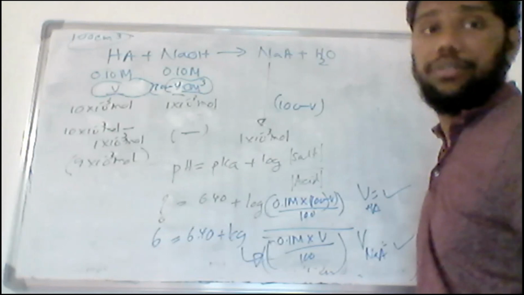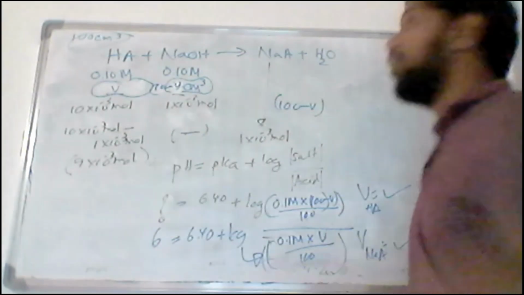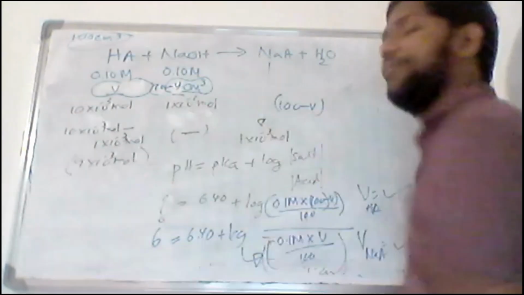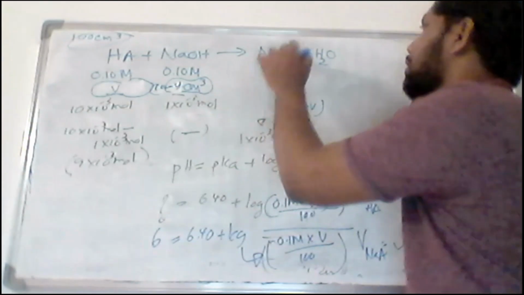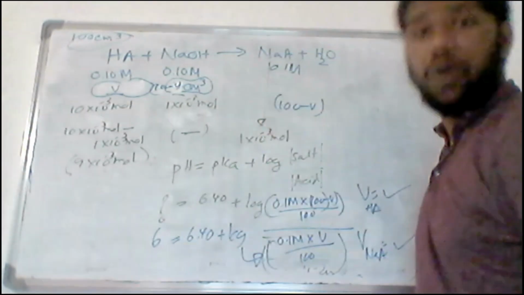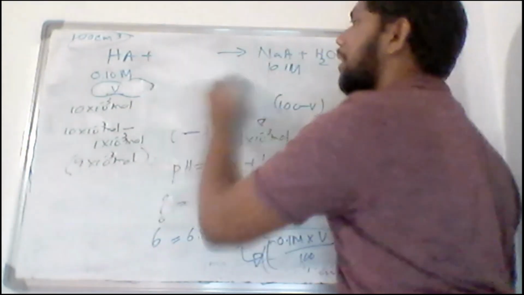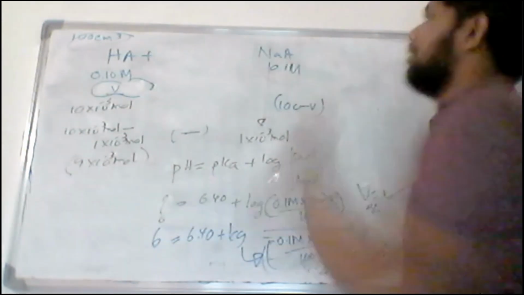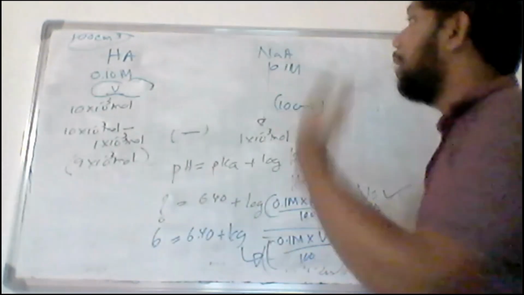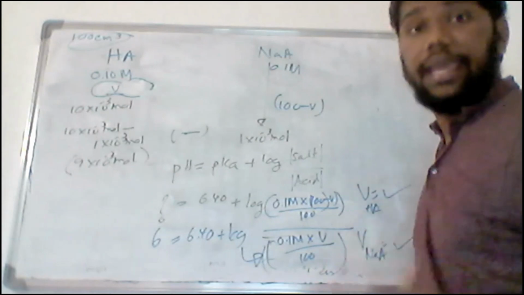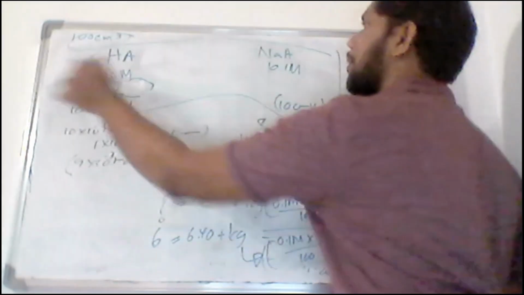In fact, if you think about the same volume, but we don't know what is the volume. So initially I use 0.1. So if I use this as 0.1 M, the salt, I am not going to mix with this NaOH and everything. So I have this solution where I have 0.1 M HA and 0.1 M NaA. My total volume should be 100 cubic centimeter.